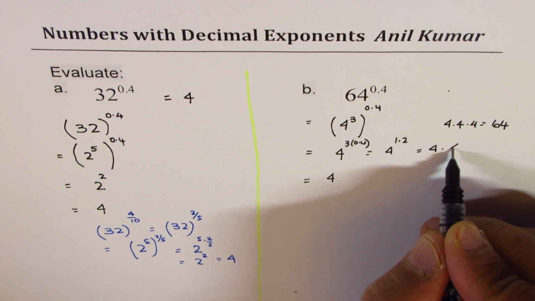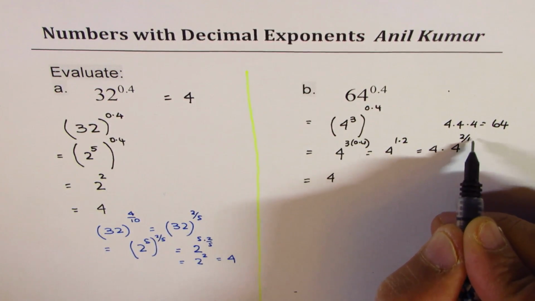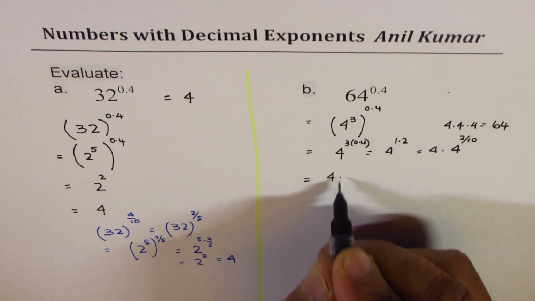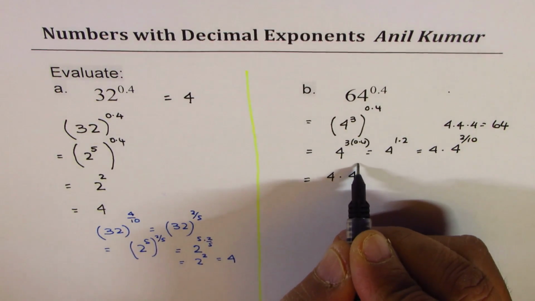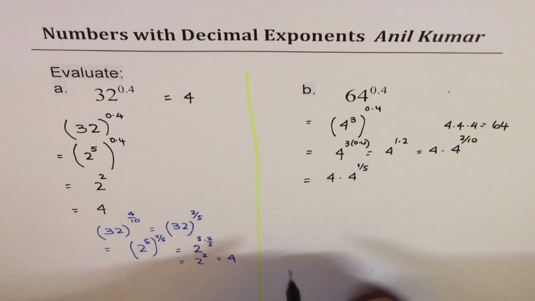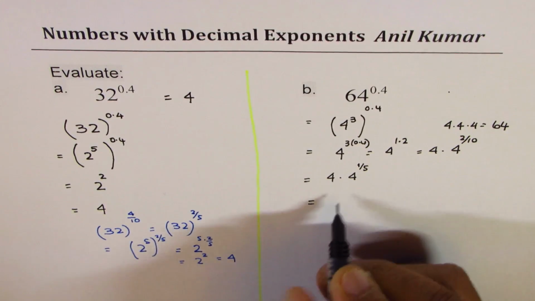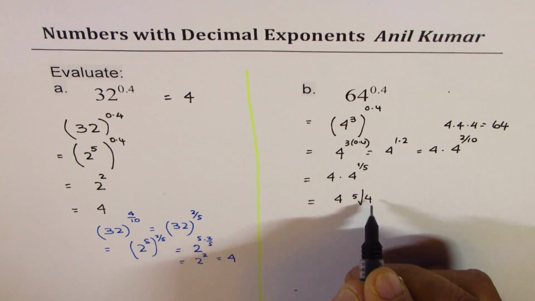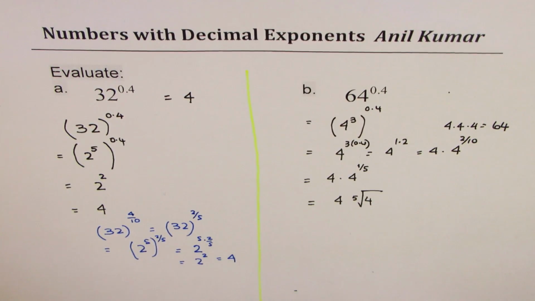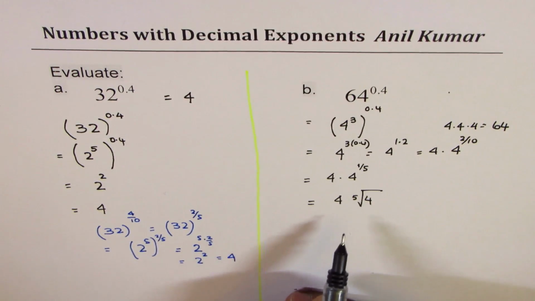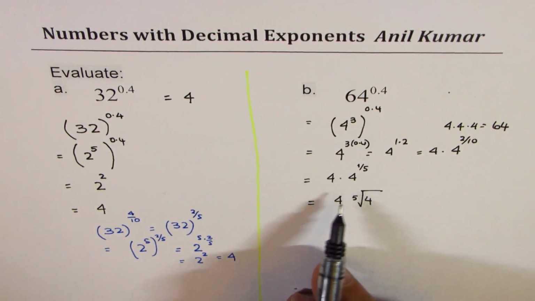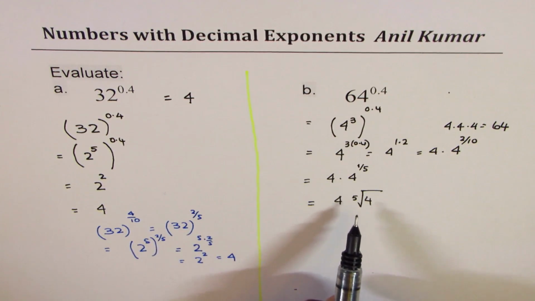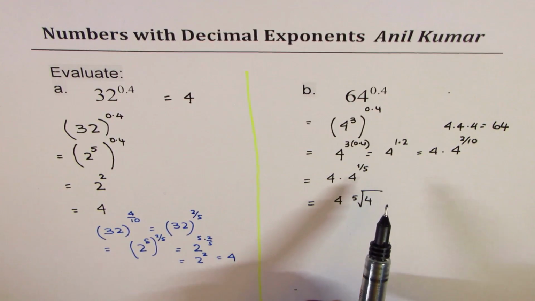So we could write this as 4 to the power of 2 over 10, which is 4 times 4 to the power of 1/5, correct? Or I could write this as 4 times the 5th root of 4. Does it make sense to you? You could do it like that also, correct? So either way, you get your solution for 64.